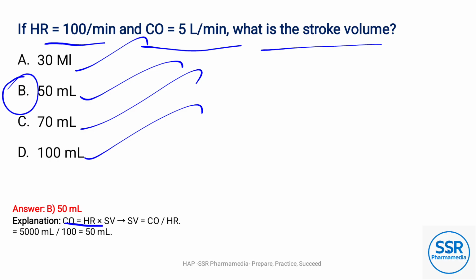Now we'll see the formula. Cardiac output is equal to heart rate into stroke volume.